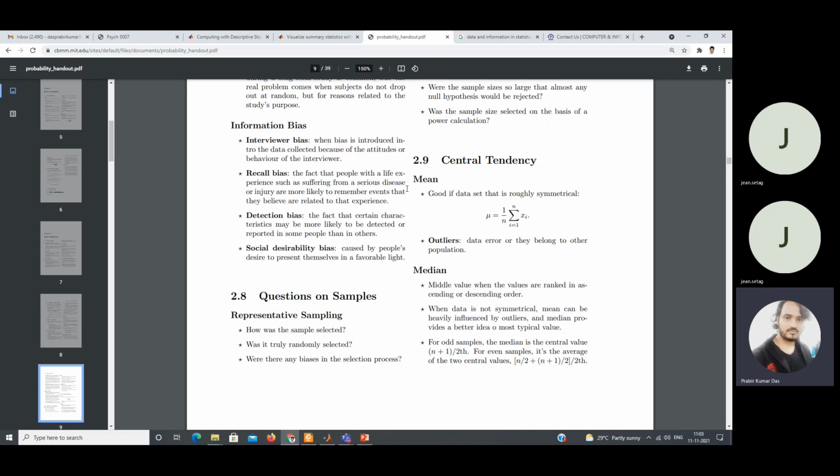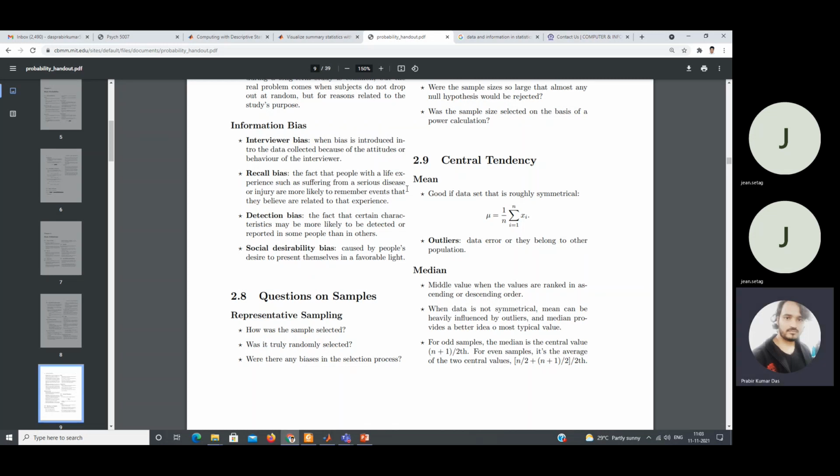Between 56 and 90, and 56 and 20, there is a huge gap or huge error. So these values we call outliers, because there is a huge gap between our central tendency measurement and the original value.